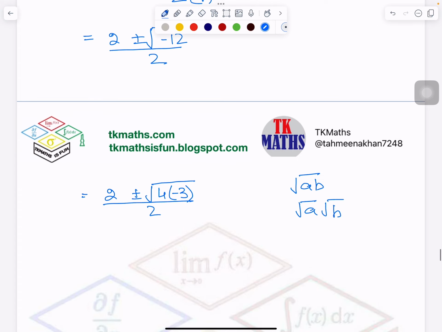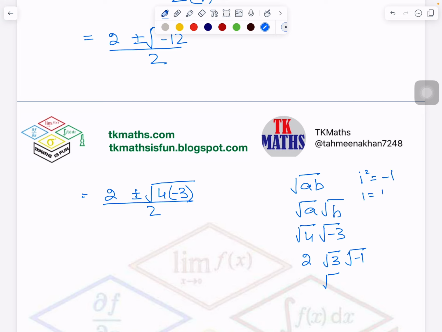Agreed? So I have root 4 and root minus 3. Root 4 is 2 and root minus 3 is root 3 into root minus 1. So root minus 1 is iota, because iota square is minus 1.